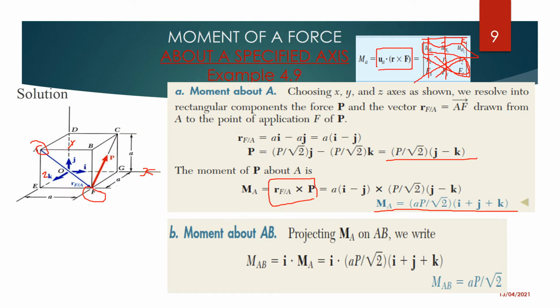Moment about AB. Now, when you're talking about moment about AB, this is a line now. This is where we apply the triple scalar.